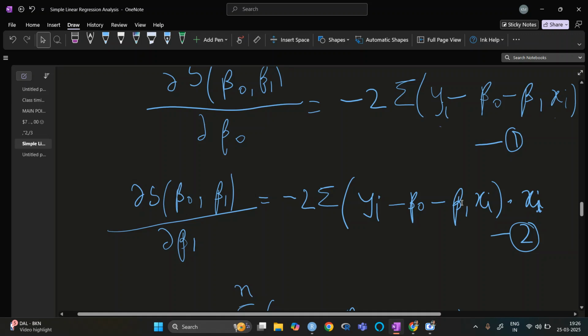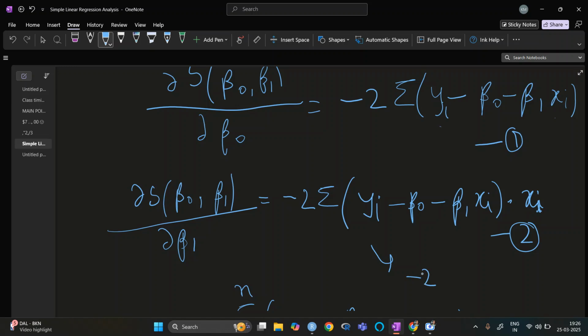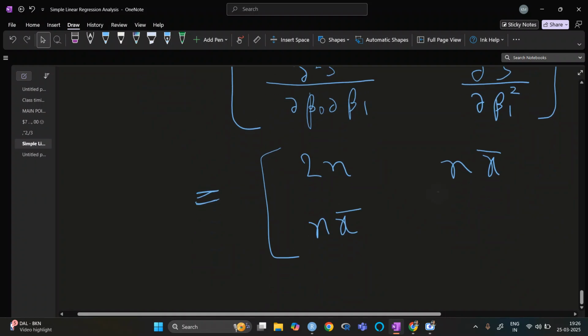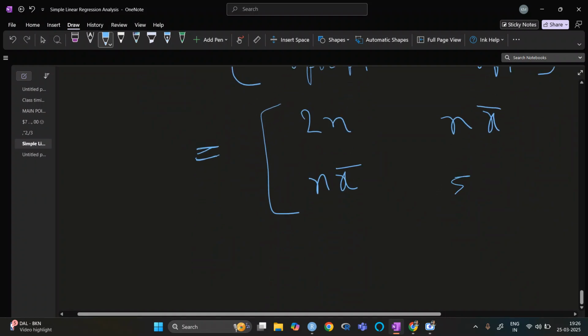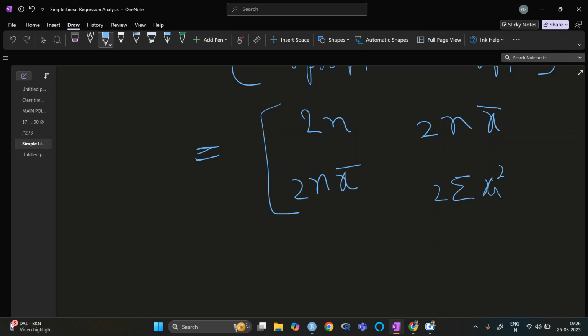So here, doing it with respect to beta 1 again, it will be minus 2 summation of minus xi, and there's one xi already, so it is summation xi square. So all of it has 2 summation xi square.